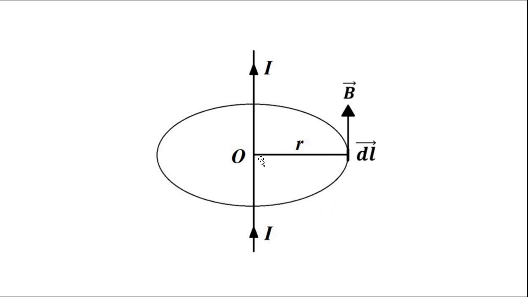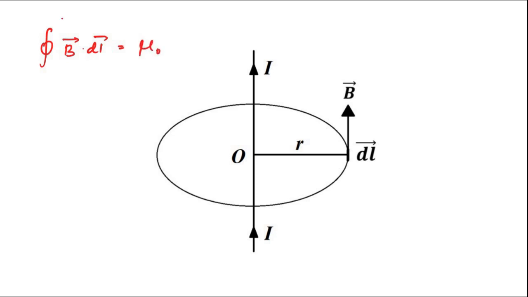Here the closed line integration of the magnetic field is equal to mu 0 times the current enclosed by that magnetic field.